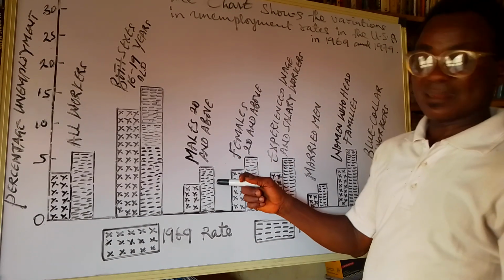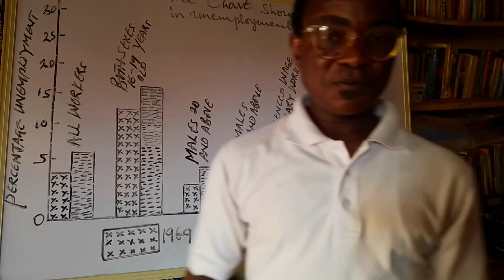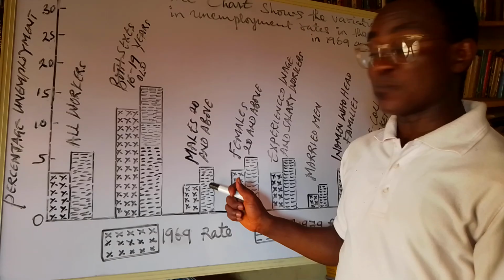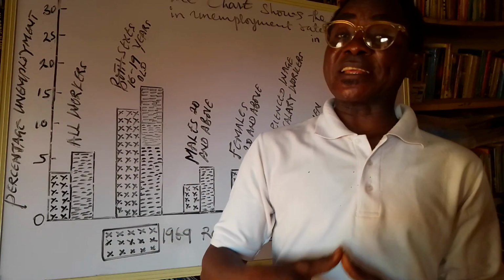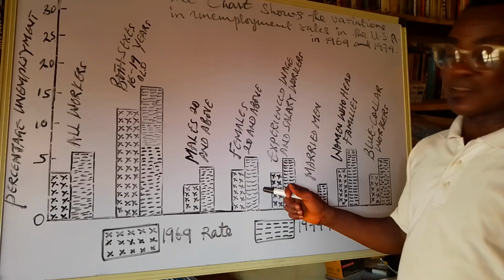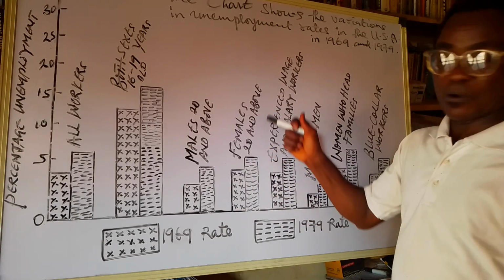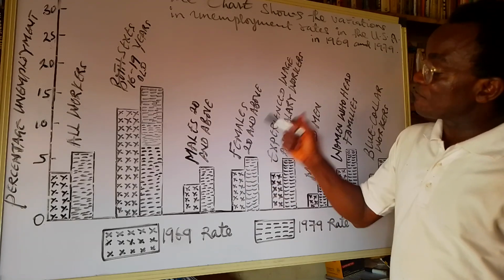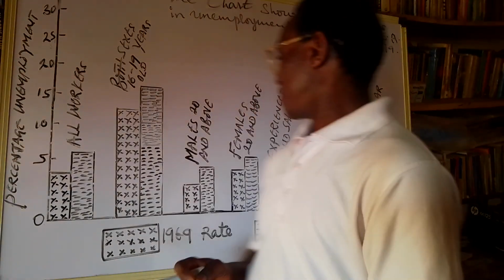The third group of bars represents males, 20 and above, the male population aged 20 years and above. The fourth group represents females, 20 and above, the female population aged 20 years and above.